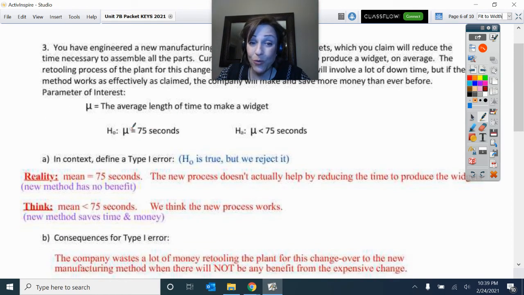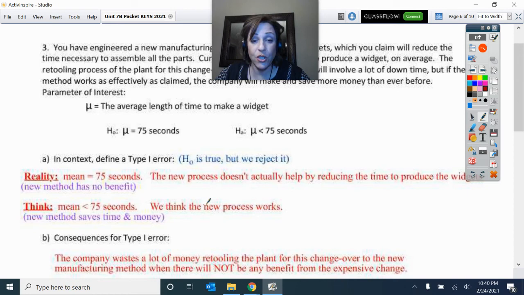If the null is really true, but we get a sample that causes us to reject the null, that's a type 1 error. So we reject the null and we are thinking, hey, this is going to improve our profit, so it is worth the expense of retooling the factory.